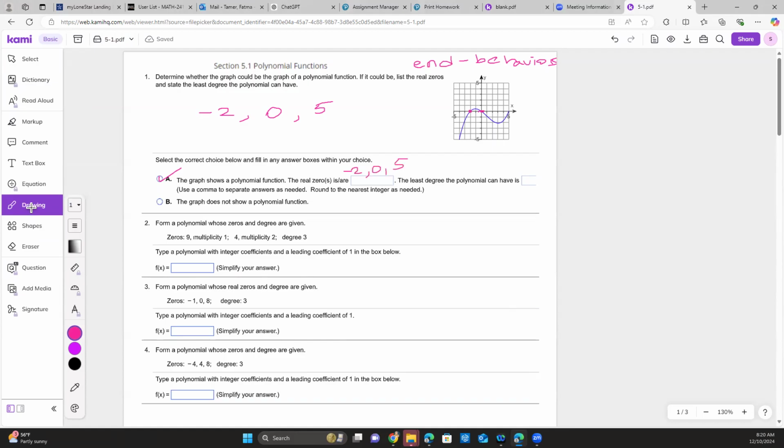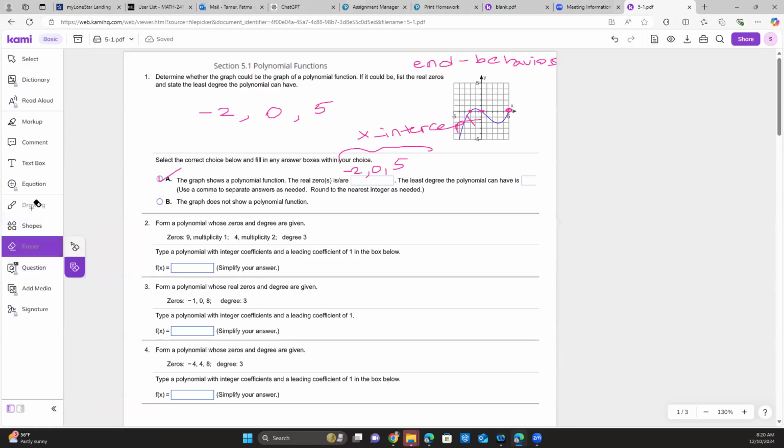Again, a real zero means the graph touches the x-axis. Only when the graph touches the x-axis, these are the x-intercepts. So we can use either x-intercept or zero. When we talk about polynomial functions, for zeros, we can use multiple different names.